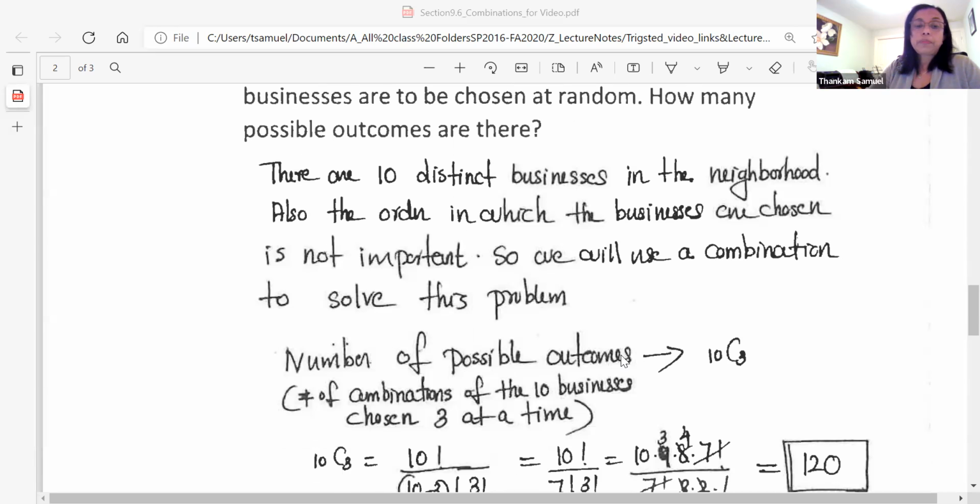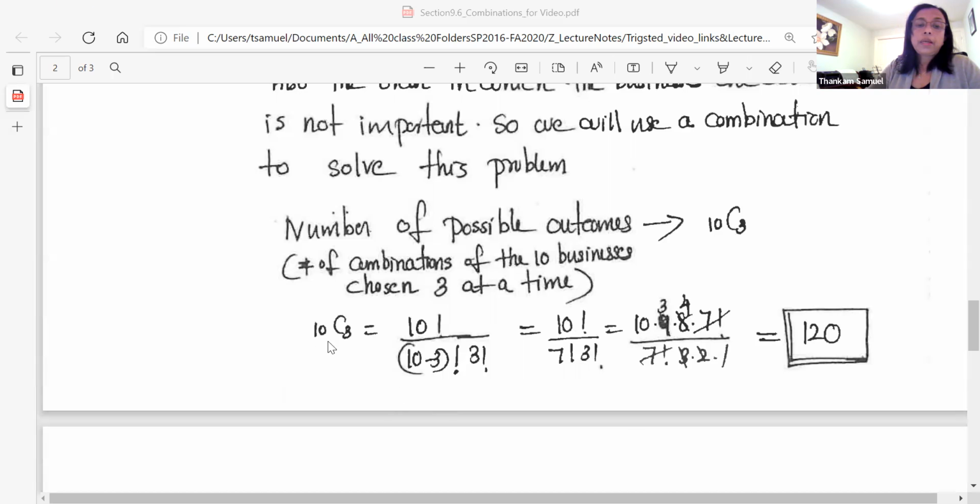So the number of possible outcomes is the number of combinations of the 10 businesses chosen, 3 at a time. So the formula is 10C3, and 10C3 equals, by using the combination formula, 10 factorial over 10 minus 3 factorial times 3 factorial.